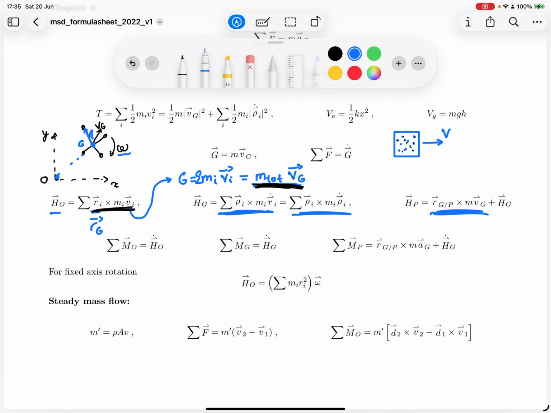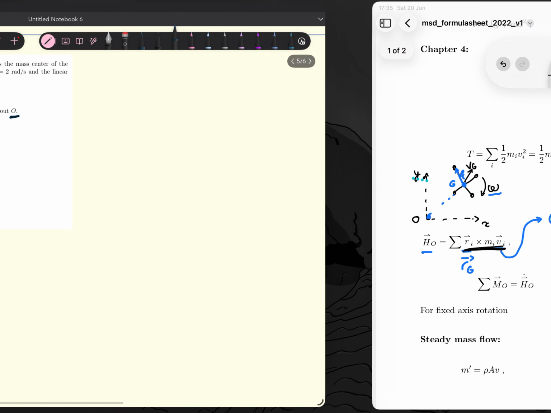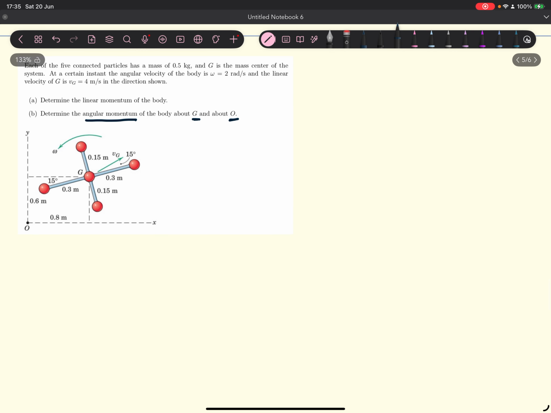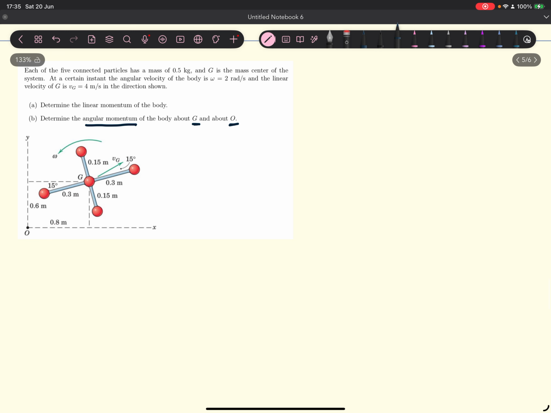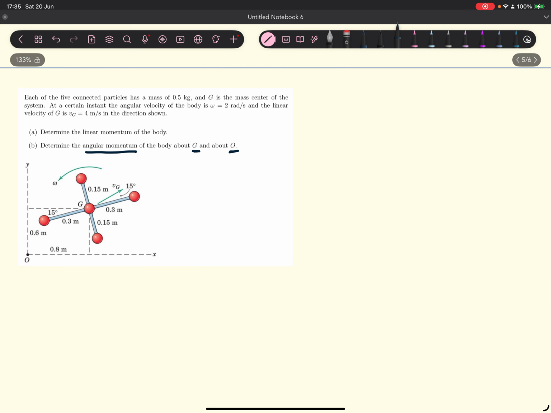We can either use the absolute velocity or the relative. In this case, I would probably use the relative just because it's a bit quicker. We're given the angular velocity, so our relative would just be omega crossed with r.